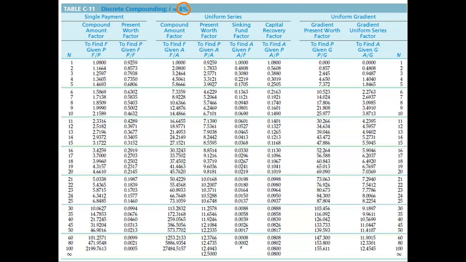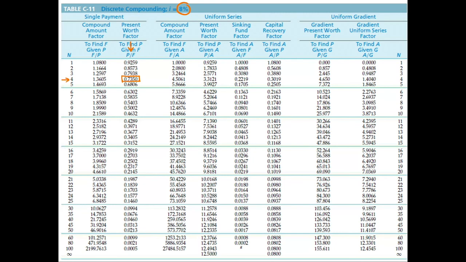Of course, this table is the table of I equals 8%. Then find the column P given F. Because the number of years now is 4, the row is the 4th.